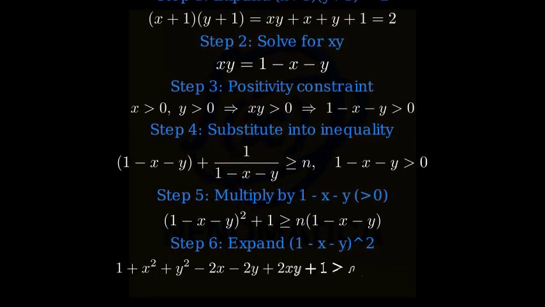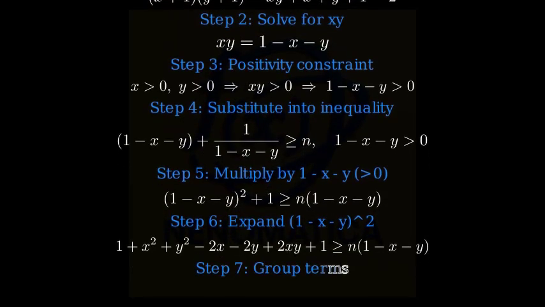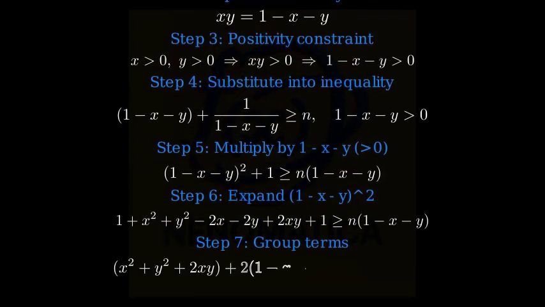The quantity (1 minus x minus y) squared equals 1 plus x squared plus y squared minus 2x minus 2y plus 2xy. So the inequality becomes 1 plus x squared plus y squared minus 2x minus 2y plus 2xy plus 1 is at least n times (1 minus x minus y). Step 7. Group terms for clarity. Put x squared plus y squared plus 2xy together, and group the rest as twice the quantity 1 minus x minus y.